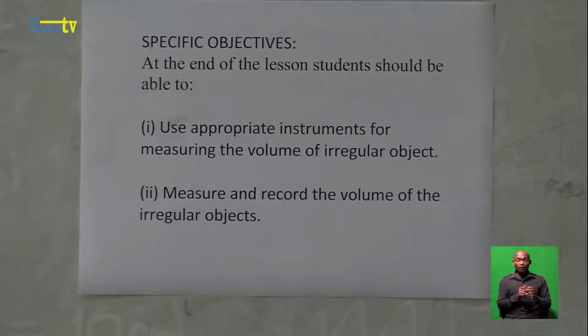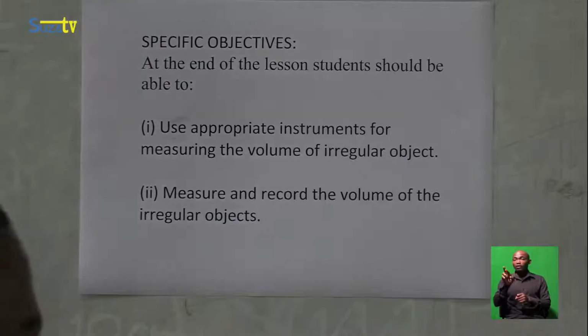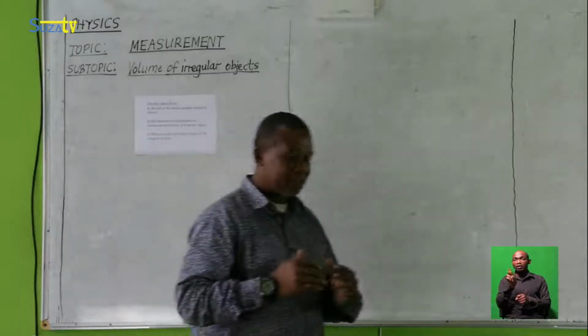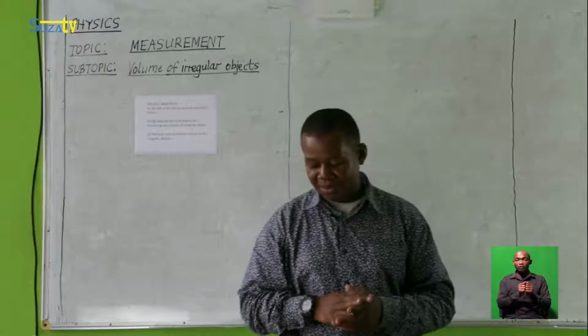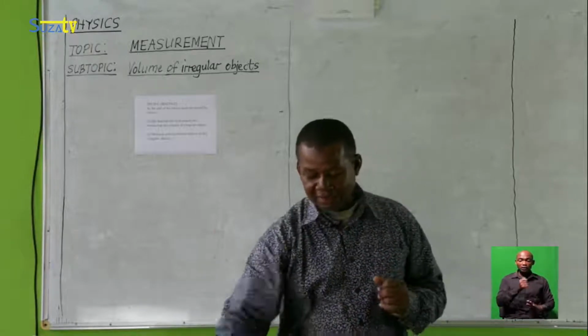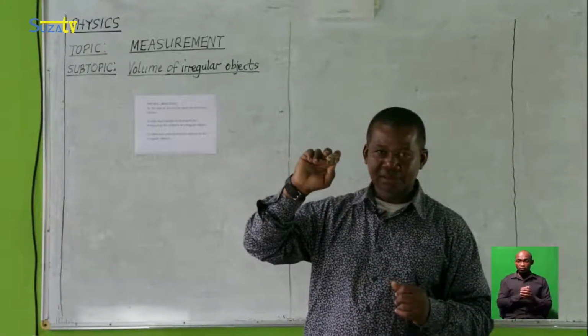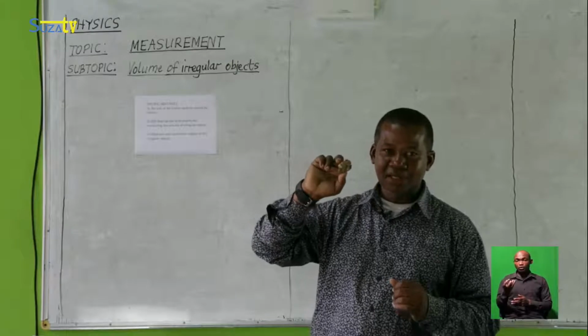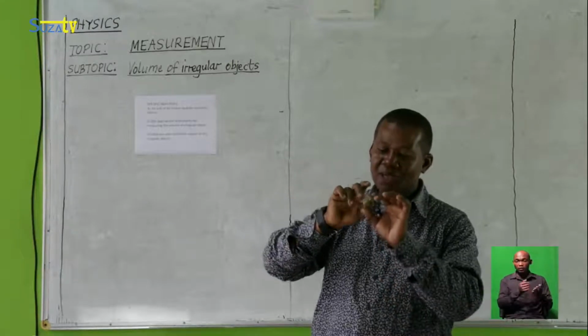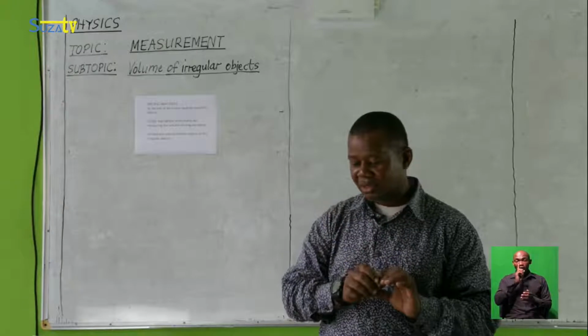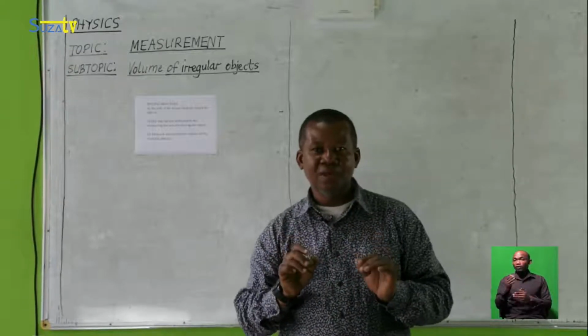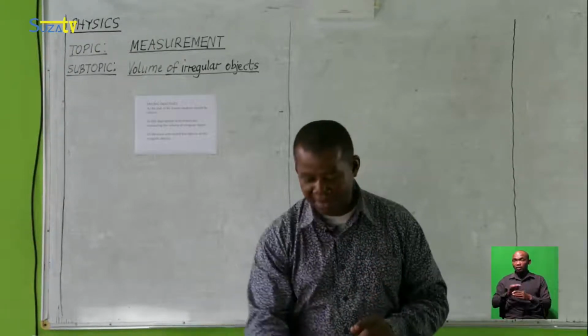Secondly, we have to measure and record the volume of the irregular object. So we have to start step by step. A stone can be measured, its space occupied, by the use of the displacement method.